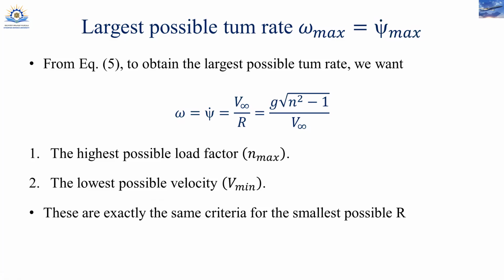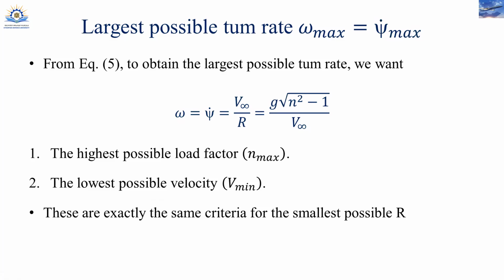Omega is equal to g times the square root of N square minus 1, over V, the flight velocity. The highest possible load factor, N max, is required in order to get maximum omega. N should be maximum. In order to get omega max, the lowest possible velocity, V minimum, is required.